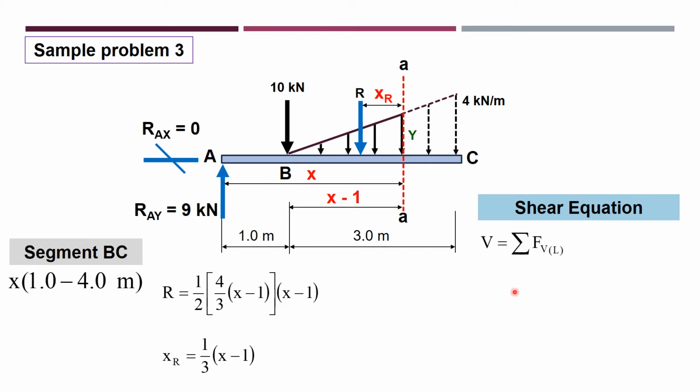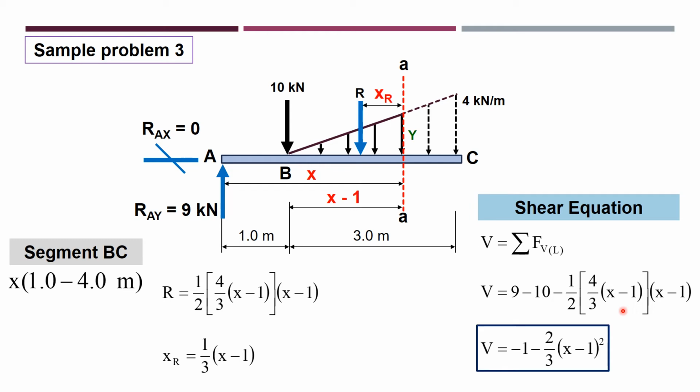So for the shear equation, we will sum up the vertical loads to the left of cutting plane AA. So we have 9 minus 10 minus r, and our r is equivalent to this. So you simplify that, and you will get this shear equation for segment BC.